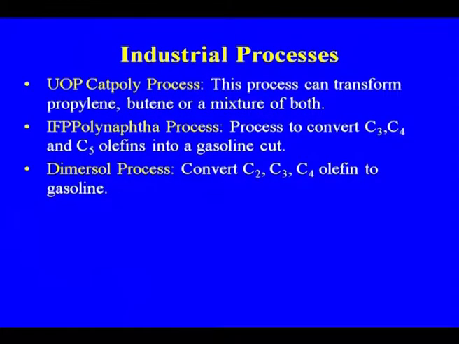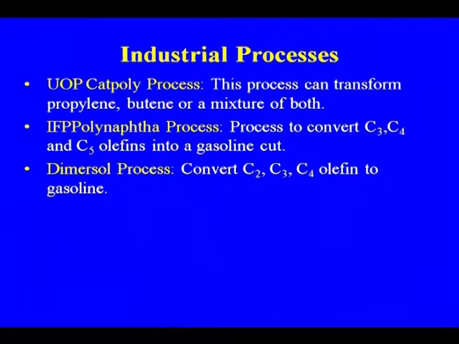Let us discuss some of the processes which have been developed in the polymerization, the oligomerization industrial processes. That is the UOP CatPoly process. This process can transform propylene, butene or a mixture of both to high octane gasoline. The IFP Polynaphtha process converts C3, C4 and C5 olefins into a gasoline cut.